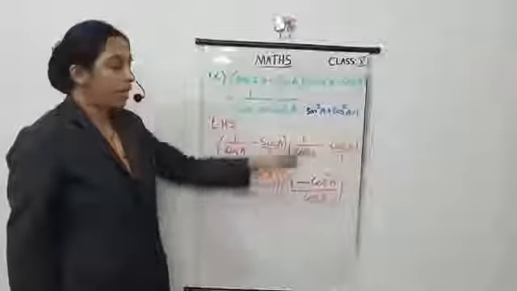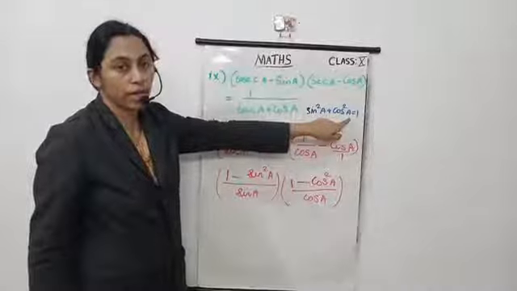Now the identity: sin square A plus cos square A equals 1.